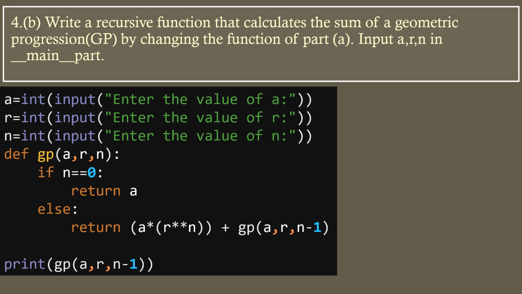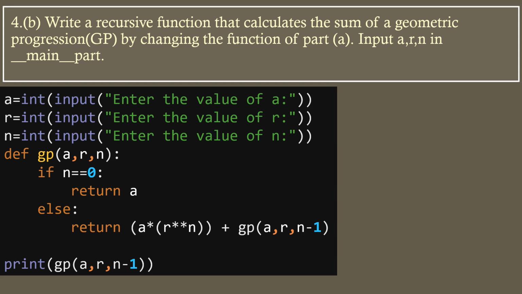Okay, now the next part is like this: it has to return a into r to the power n plus gp of a, r, n minus 1. So here the recursive call is made to this function gp with the parameters a, r, and n value is decremented by 1.